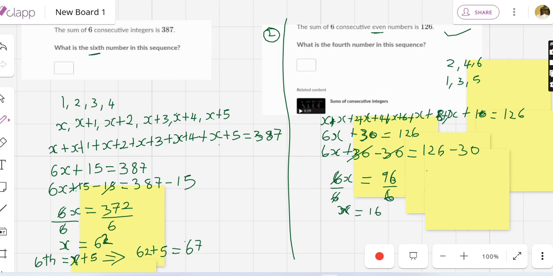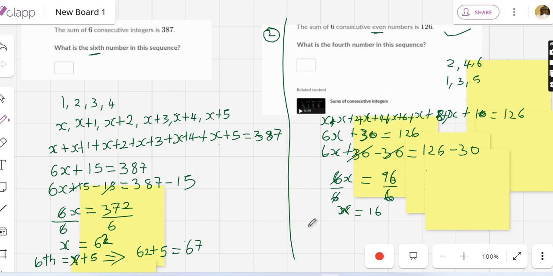Okay, but that's not the end. So we should find the fourth number. Wait, x, the second is x plus 2, the third is x plus 4, the fourth number is x plus 6.